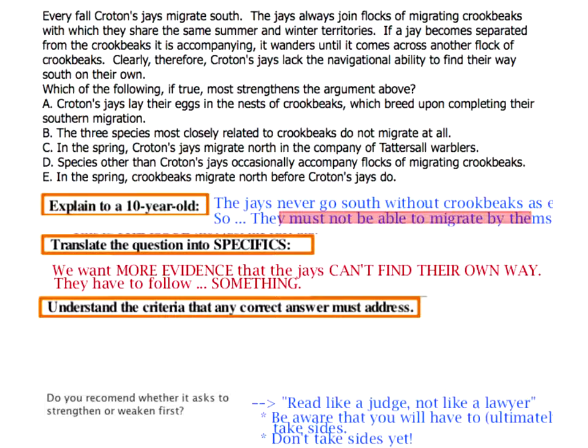Okay, understand the criteria that a correct answer must address. Also make sure you understand the criteria that it doesn't have to address, too. That's just as important.